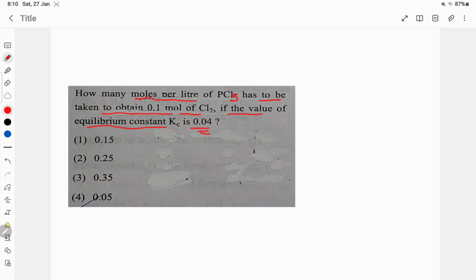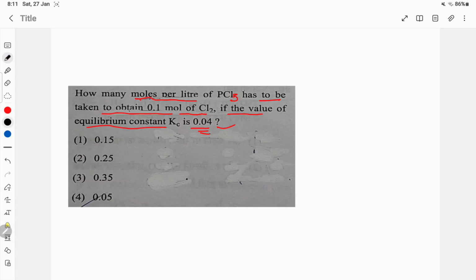Kc is given, and we have to obtain 0.1 mole of chlorine. How many moles per liter of PCl5, the reactant, should be taken? We have to find the moles required.